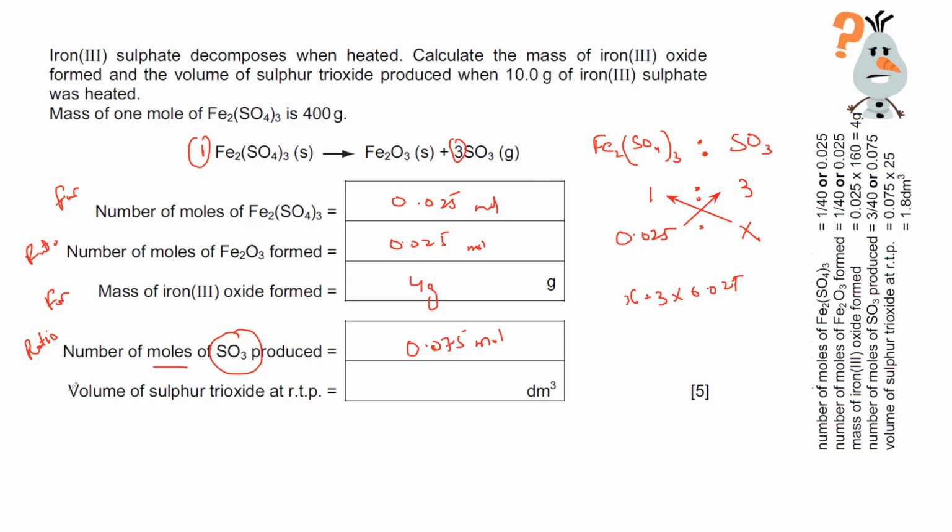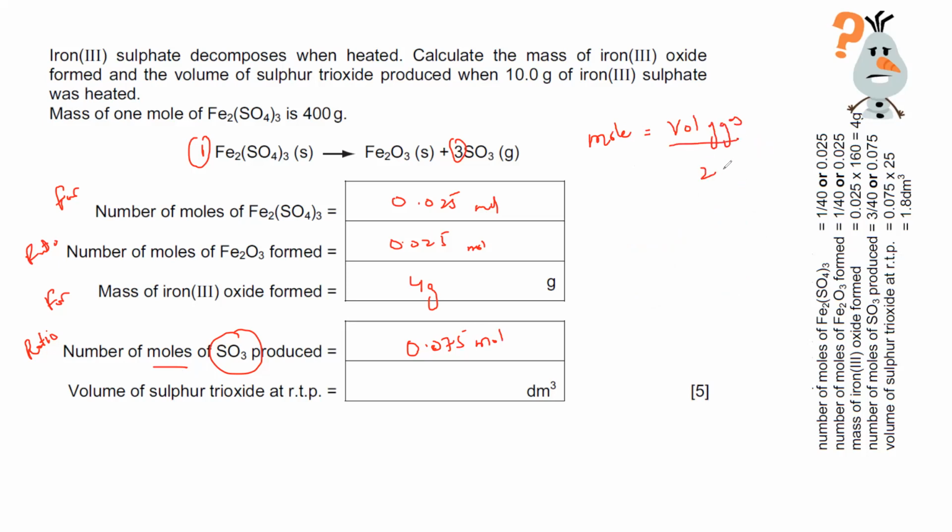Then the last one, we need the volume. How to get the volume of the gas? We have the formula that moles of a gas is equal to volume of gas divided by 24. Moles of the gas we have is 0.075.